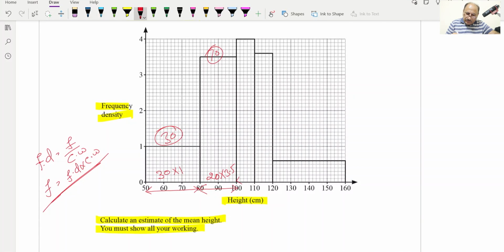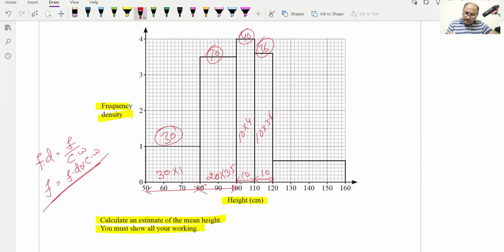And next is 100 to 110, so it will be 10. So this will be 10 multiplied by its height, which is 4. So this will be 40. We can write 40 over here. And similarly, this width is 10 again, and 10 multiplied by 3.6 will be equal to 36, which we can write over here.